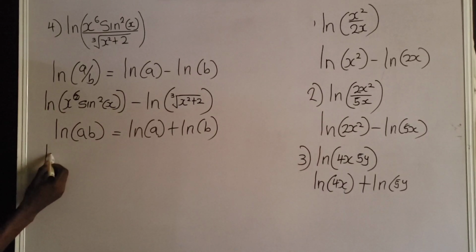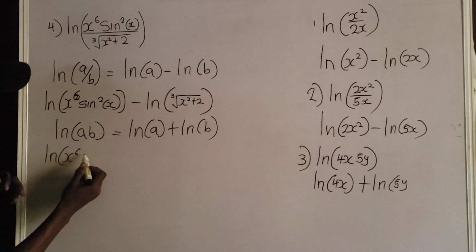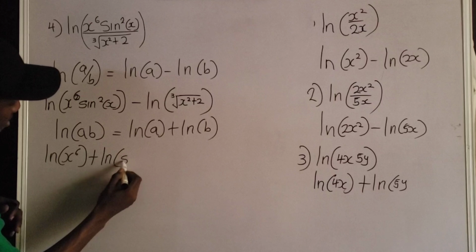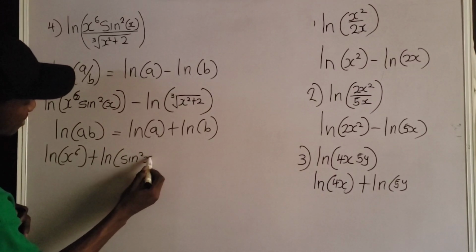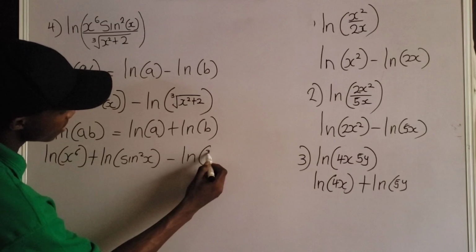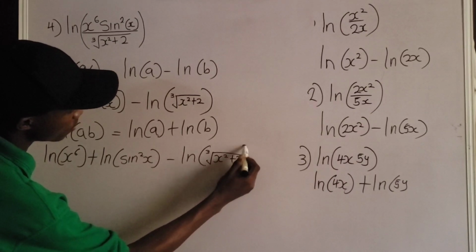I'm going to have ln x raised to the power of 6 plus ln sine squared x minus ln root of x squared plus 2. You understand?